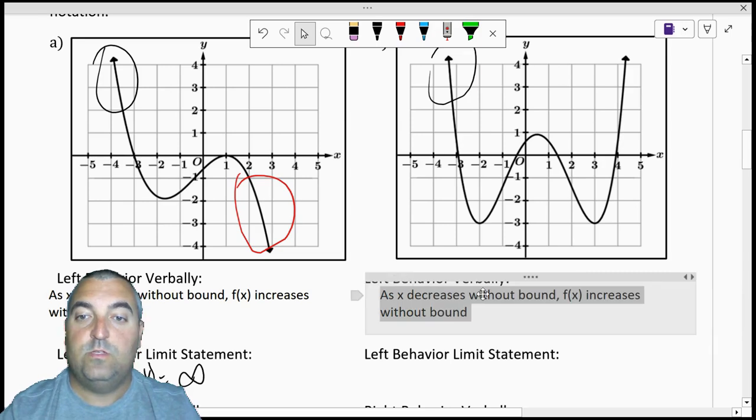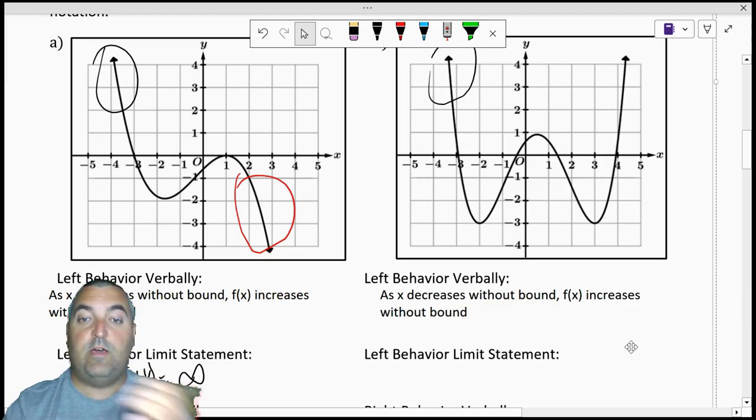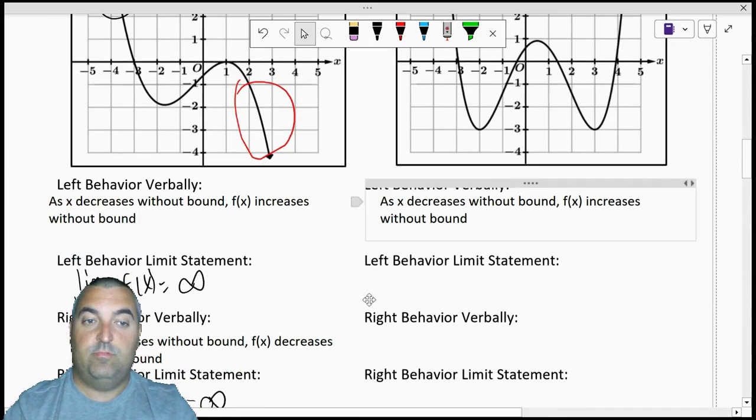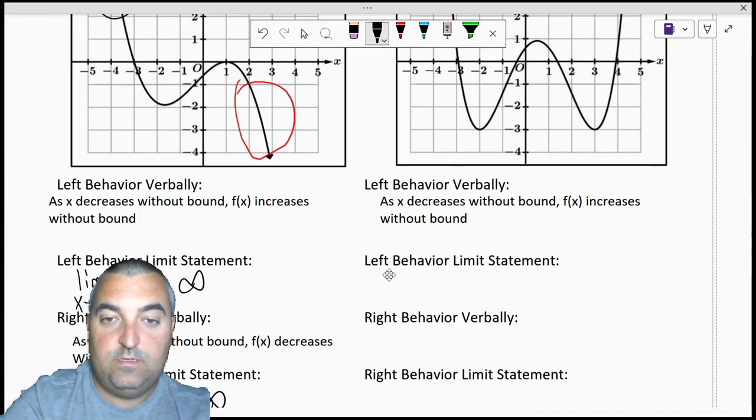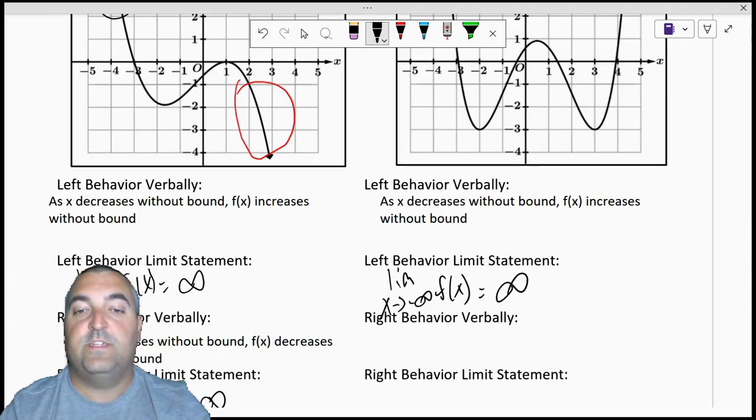We're going to say as x decreases without bound, because it's left end, f of x increases without bound. And the limit notation is the same as the one on the left. So as x approaches negative infinity of f of x, it goes to infinity.